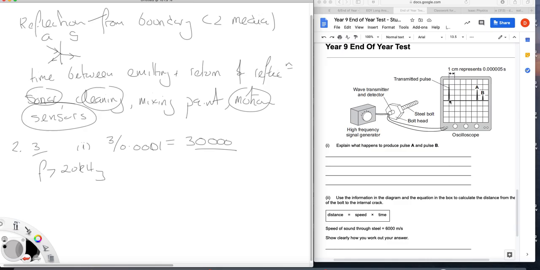A is the transmitted pulse, so it travels through the steel bolt. It hits a change of density at A, and then it hits another change of density at B. So you would expect a change of density down here, wouldn't you? Where it goes from steel into air. So that's B. A then must be the crack.